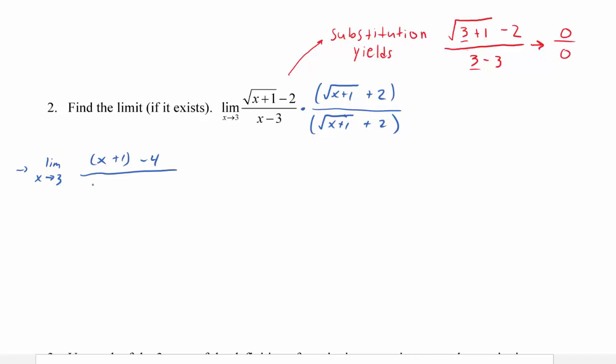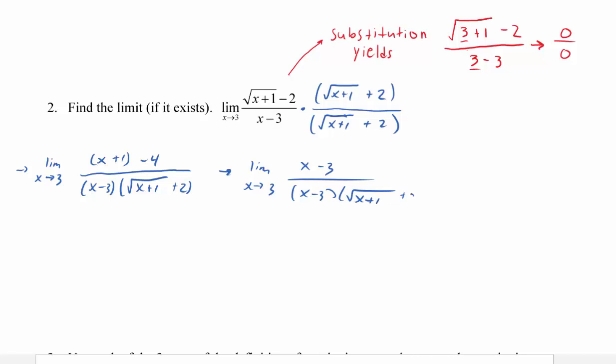On the bottom, I'm just going to leave it factored. It's usually nicer to leave things factored and not FOIL them on the denominator, because some factors may cancel out later on. In fact, they usually do. I'm still writing the limit because I haven't applied it, and we have x minus 3 over x minus 3 times square root of x plus 1 plus 2. Our factors of x minus 3 reduce.